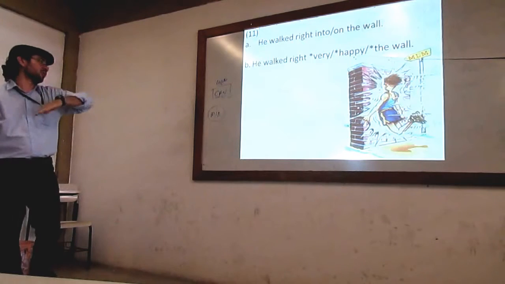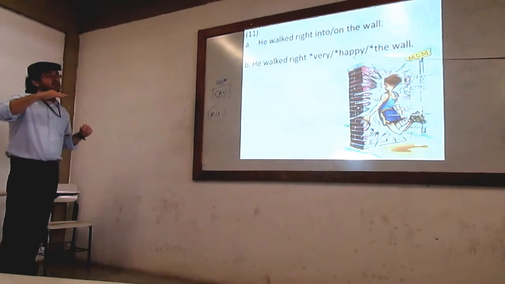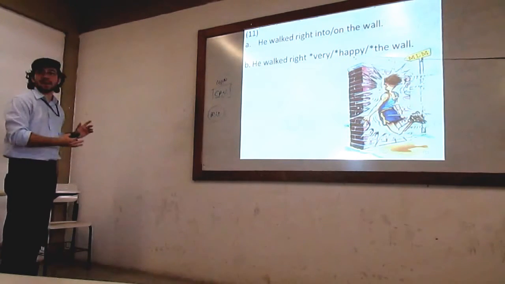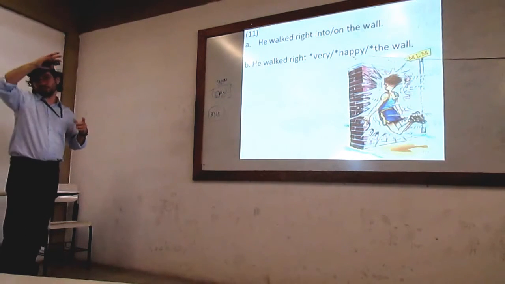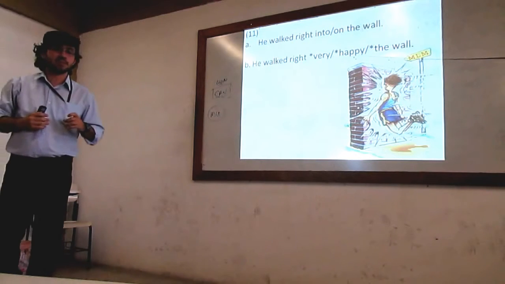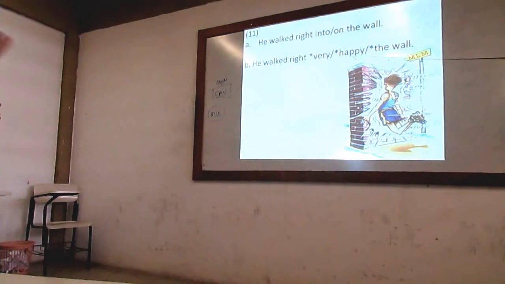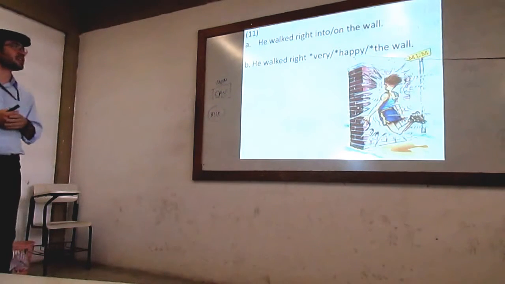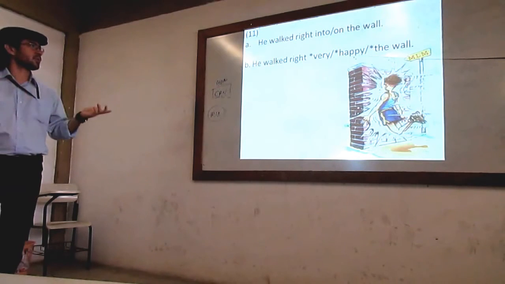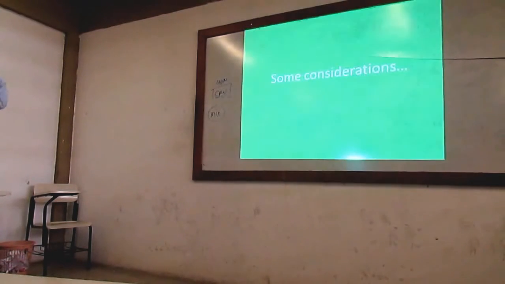Or into or on, né? Ele caminhou bem em direção à parede. Ou ele caminhou sobre a parede. Né? Depende do exemplo que você quiser mostrar. No caso aí foi into the wall, ele foi direto na parede. But you can't say he walked right there, or he walked right happier, and so on.